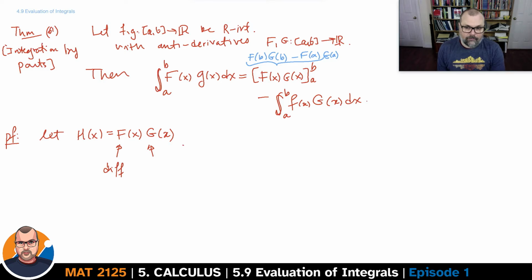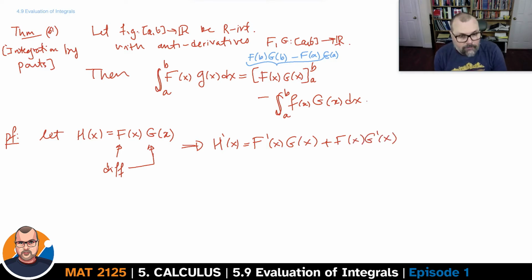So h prime exists, and according to the product rule, it will be F prime times G(x) plus F(x) times G prime(x). Now we know what big F prime and big G prime are. This is little f(x) times big G(x) plus big F(x) times little g(x).